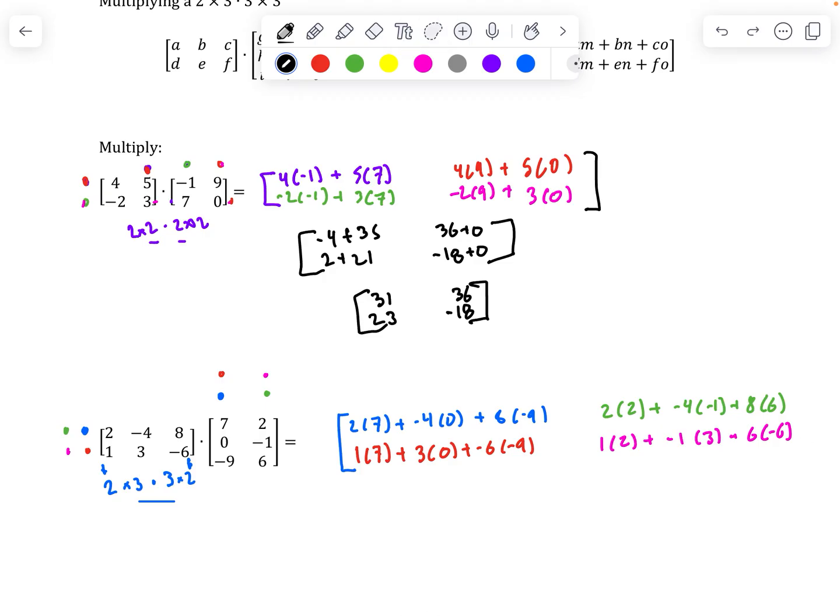And that should give us something like 14 plus 0 minus 72, right? And then 4 plus 4 plus 48. 7 plus 0 plus 54. And 2 minus 3 minus 36.